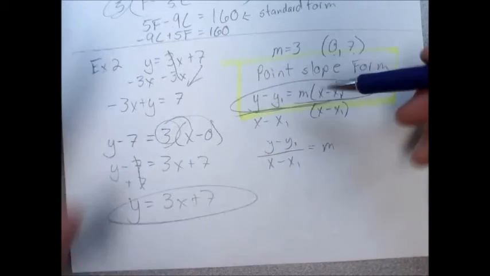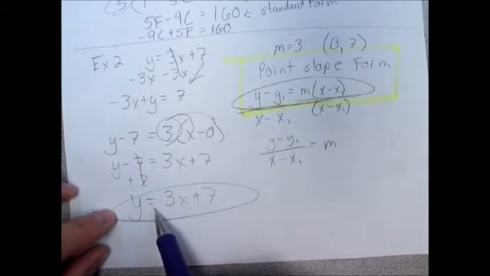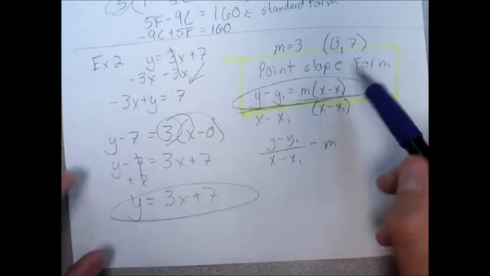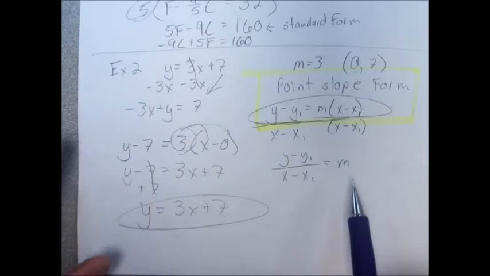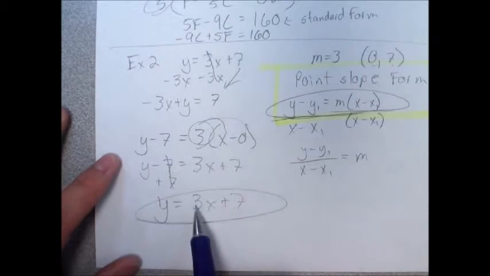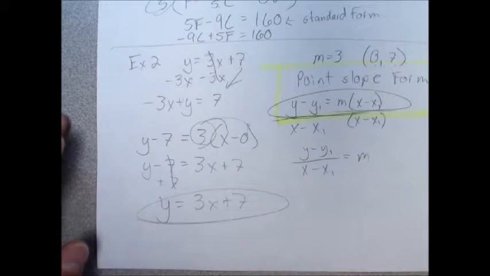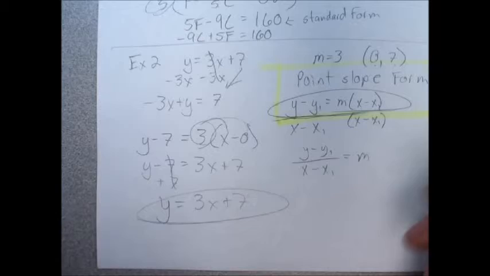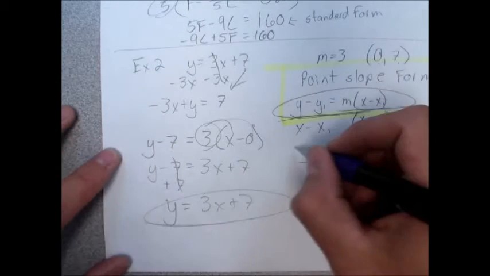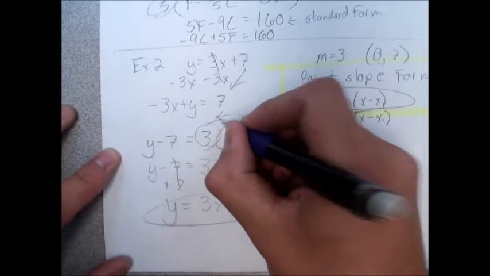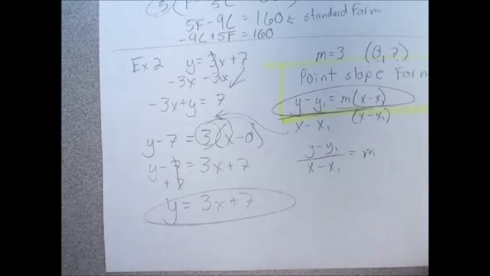Point slope form is really nice because I can get to y equals mx plus b really quickly. But if I wanted it in standard form, I could also get that rather quickly. All I'd have to do is one more step, subtract 3x, right? Which is what we did up here. So it's all pretty much tying into one another. All right, so example 3, we'll move on from there.